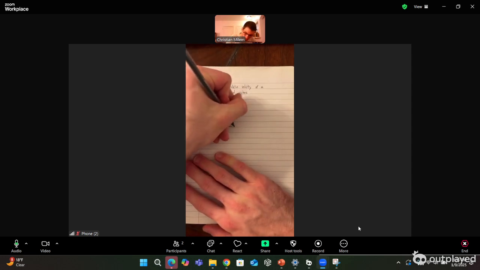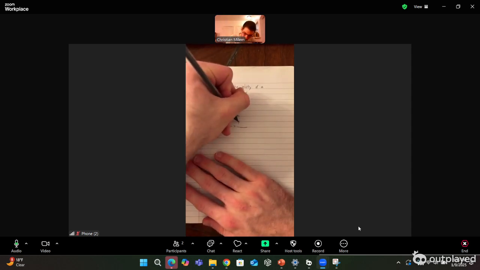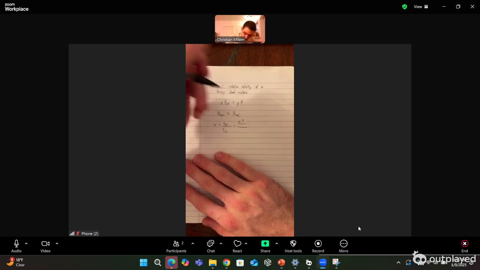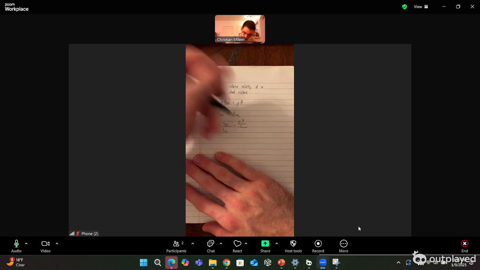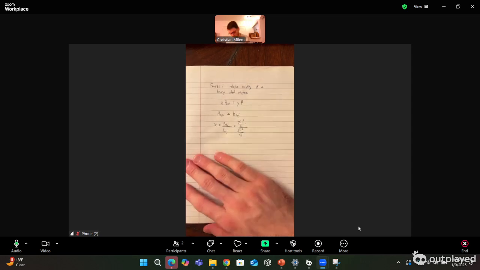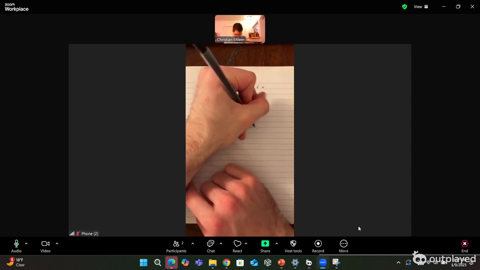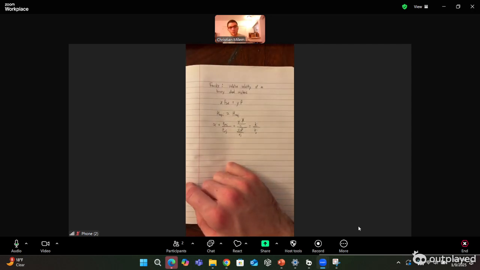But alpha is also equal to yi times p over xi, and then yj times p over xj. The p's cancel out. This is the same thing as ki over kj, which we call our partition coefficient.